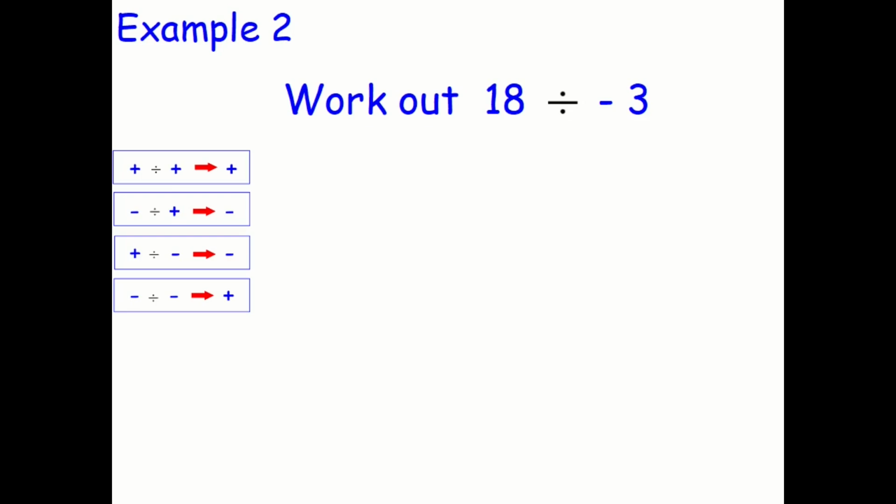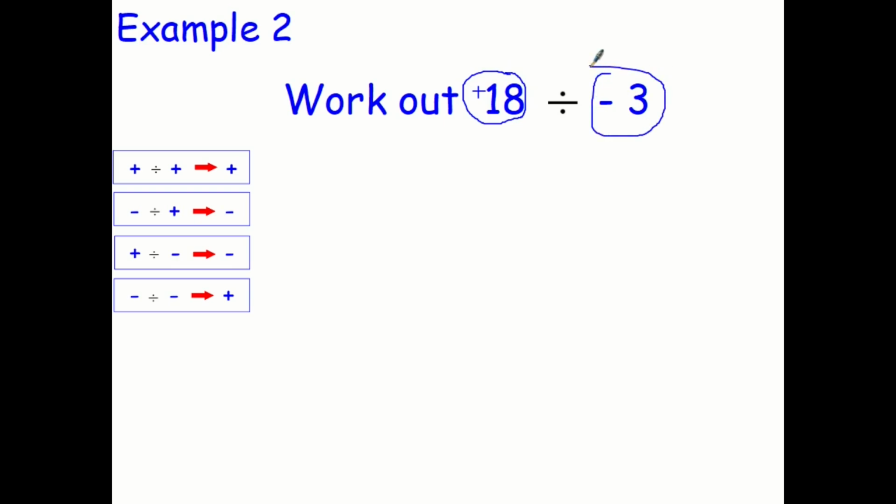Example number 2 says work out 18 divided by -3. Now this is a positive number. We know that just because it doesn't have a minus in front of it. We don't need to put the plus sign there, but I've just put it there to help, which shows that we are dividing a positive by a negative.